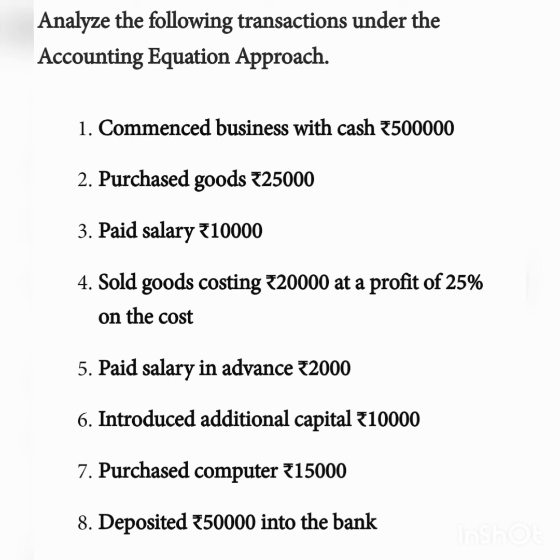Then net effect of cash account is 5 lakh minus 25,000. Net amount in cash account equal to 4 lakh 75,000. In stock account, there is an increase of 25,000. So the total of stock account is 25,000. In capital account, already there is a balance of 5 lakh rupees. So the total of capital account is 5 lakh rupees.